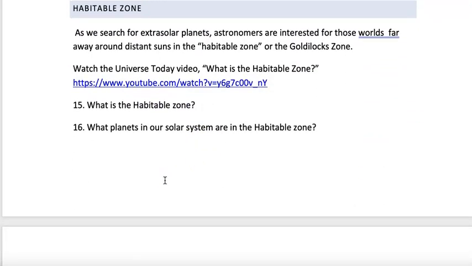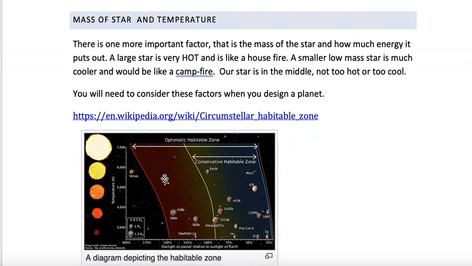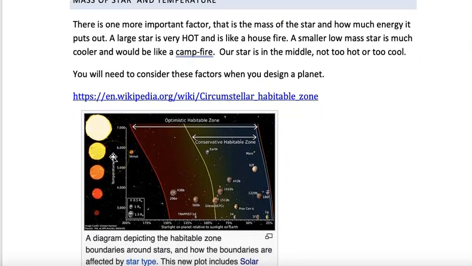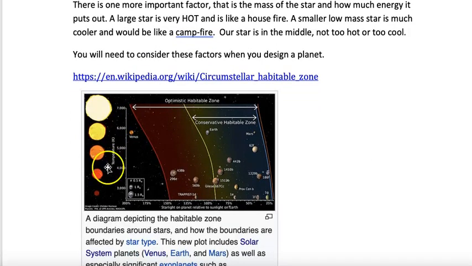What is a habitable or Goldilocks zone? You're going to look that up, and you're also going to learn about how the mass of the star can affect the temperature of the star, and the temperature is obviously going to affect your ability to have liquid water and how close you can be to it.